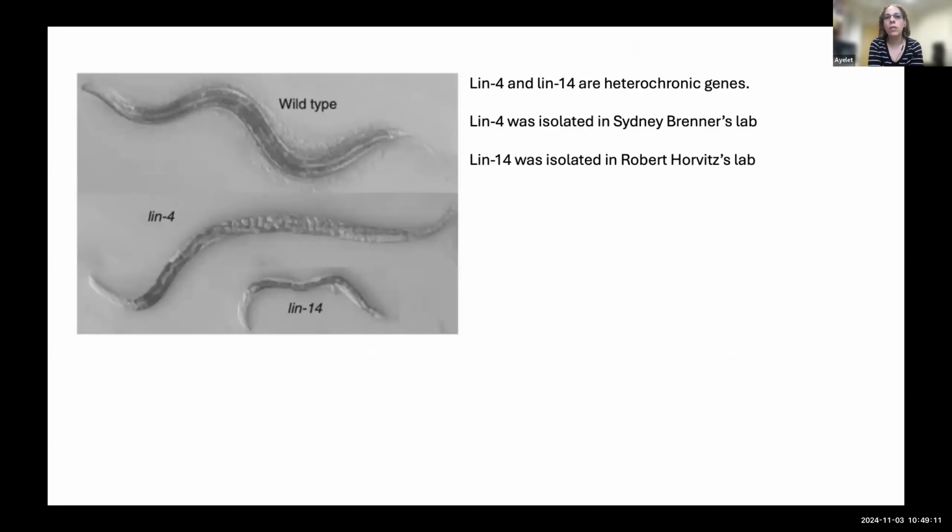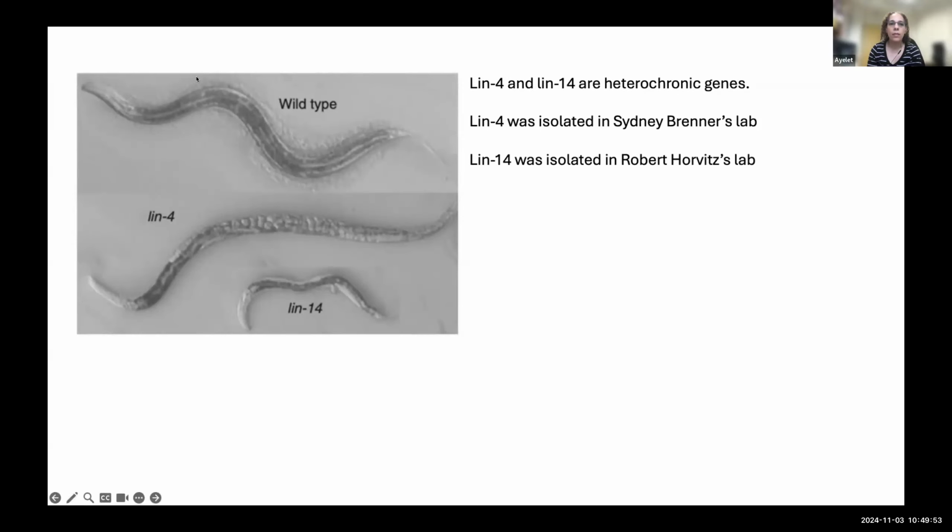so one of the projects Sydney Brenner did was to identify mutations in worms. And one of the things that he did was to look at heterochronic mutations, and he found lin-4. A mutation in lin-4, at this time, I think it was early in the 1980s, they didn't have the sequence or the clones, but they had mutations.